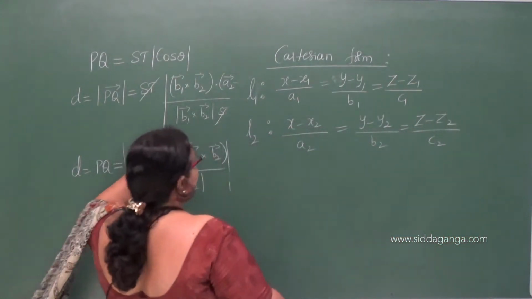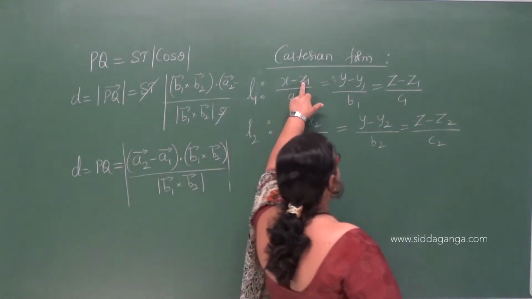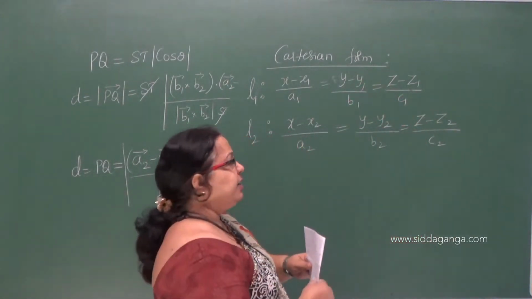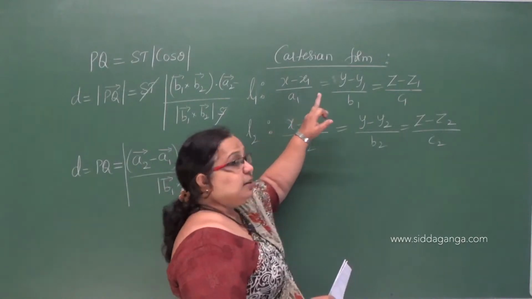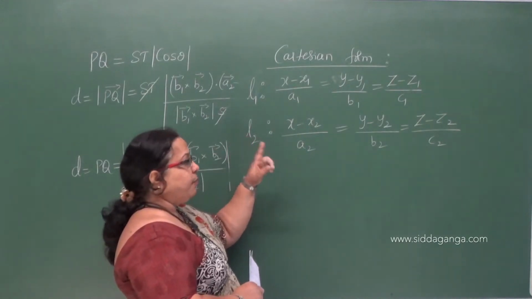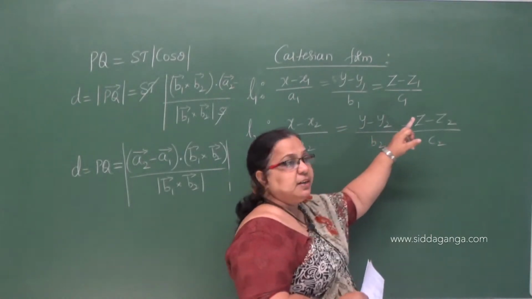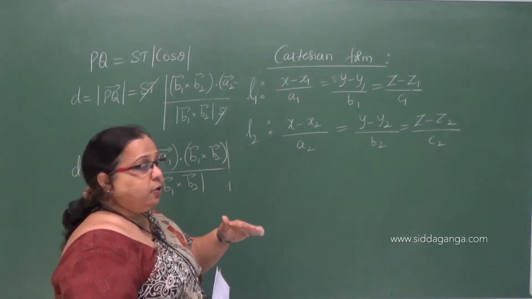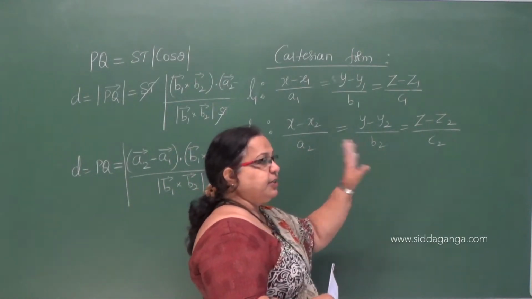The first line passes through the point whose coordinates are x1, y1, z1, and it is parallel to vector b1 whose direction ratios are a1, b1, c1. The second line passes through the point whose coordinates are x2, y2, z2, and it is parallel to vector b2 whose direction ratios are a2, b2, c2.